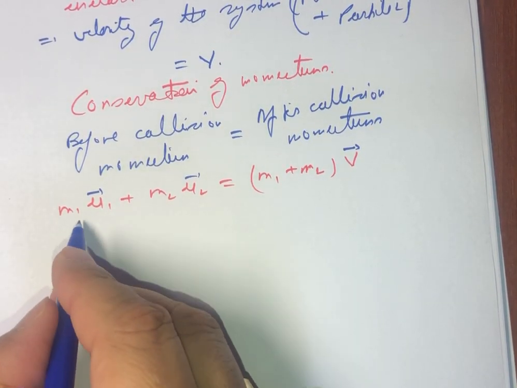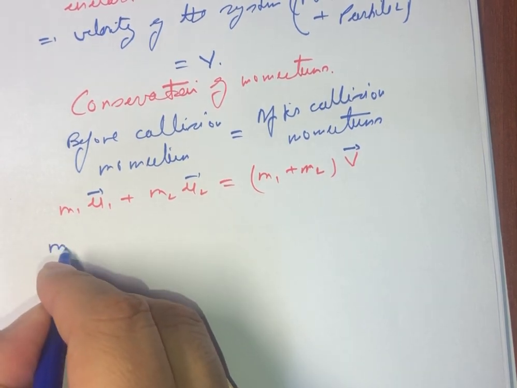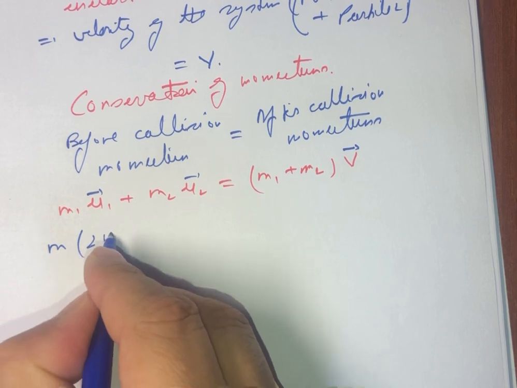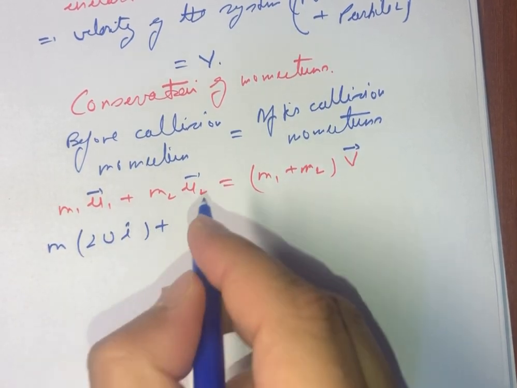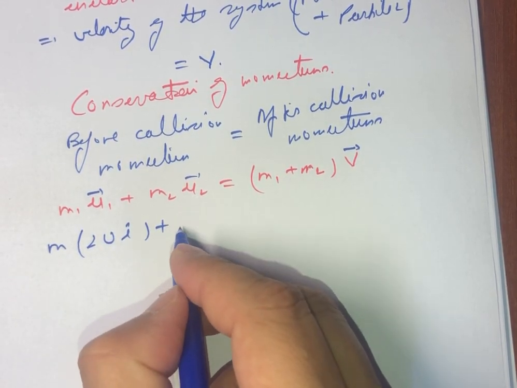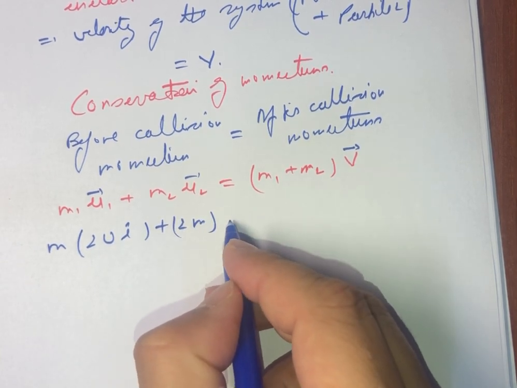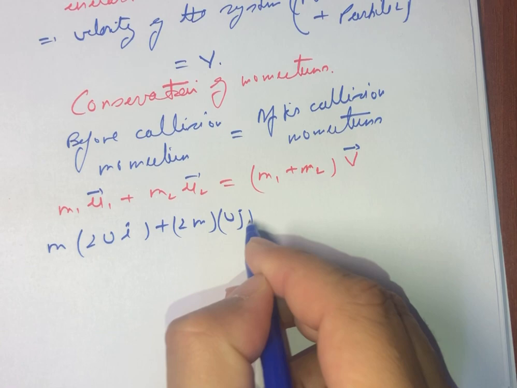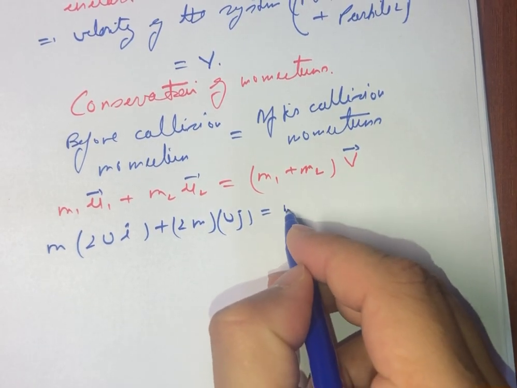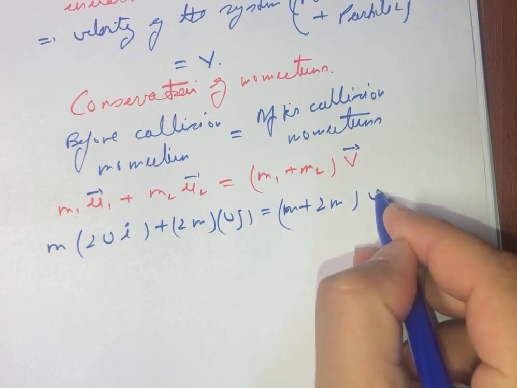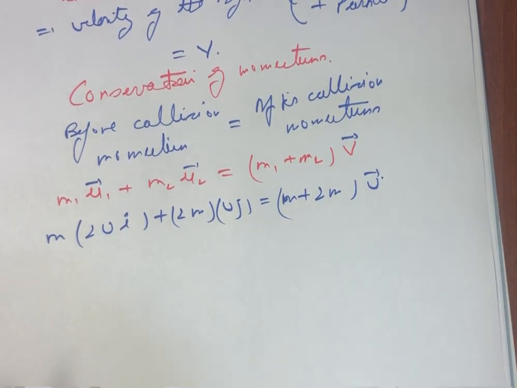Now we put the value. m1 is m, and u1 is 2v i plus m2 is 2m, and u2 is v j, and this will be equal to m plus 2m multiplied by V vector.